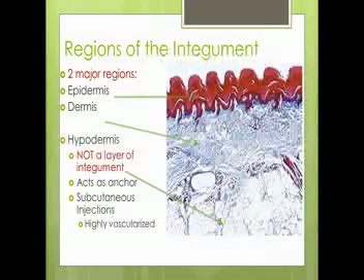The hypodermis is not considered a layer of the integumentary system, but it does have a couple of very important relationships with the integument, such as anchoring the dermis and epidermis down, and it is highly vascularized, meaning there's a lot of blood supply within this hypodermis, and even some of that blood supply protrudes into the dermal tissue.